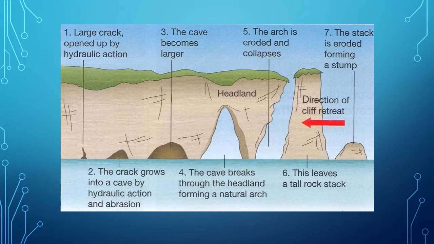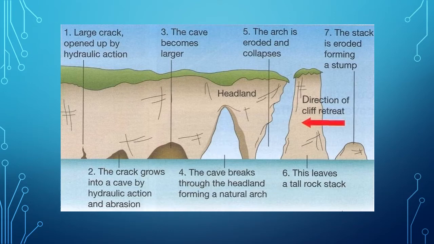This arch gets eroded and later collapses because of the continuous energy released by the waves. There are chances that this sea arch collapses. When this sea arch collapses, it may be converted into a sea stack also. So what is the sea stack?